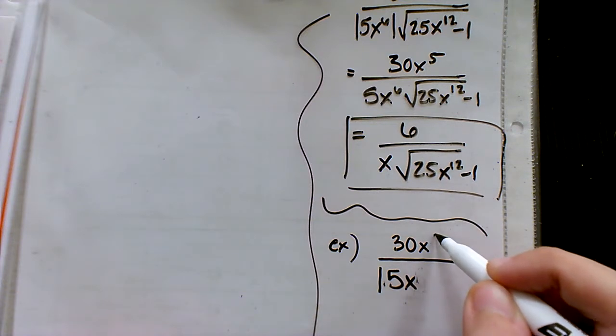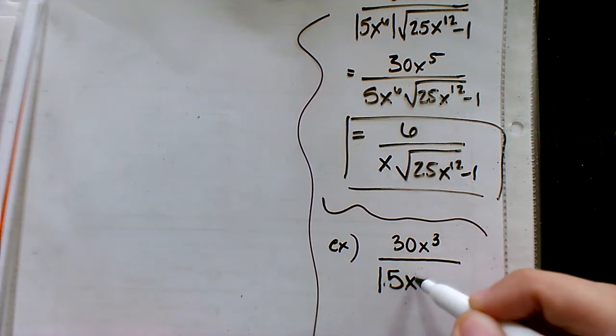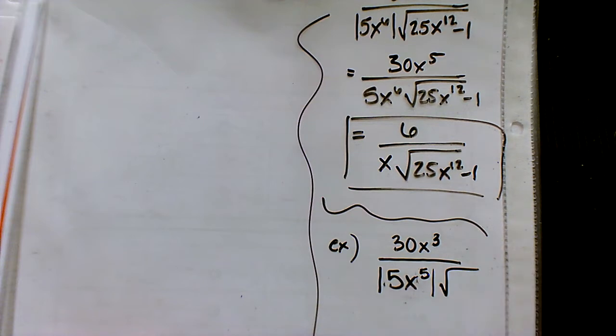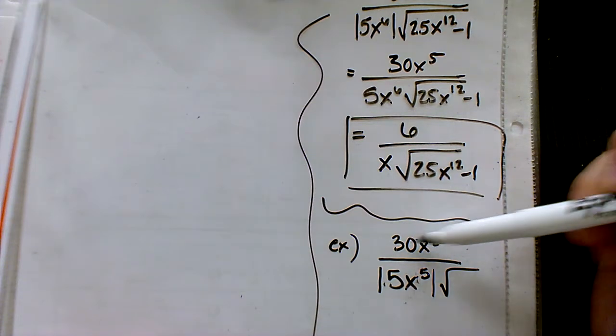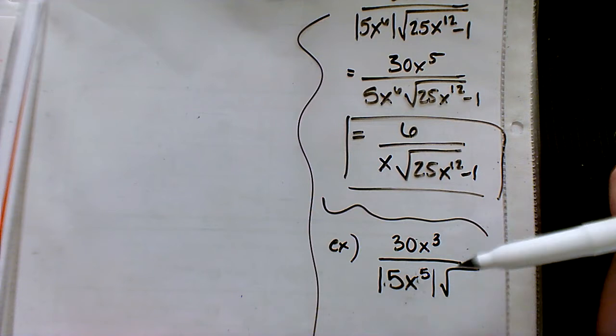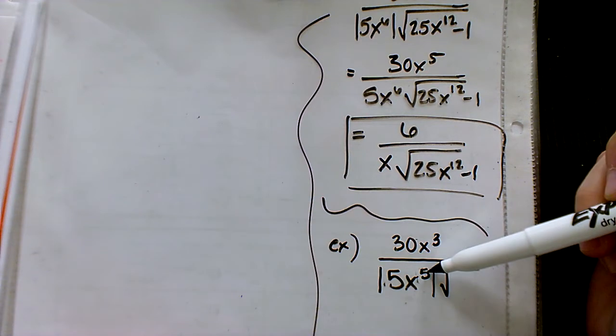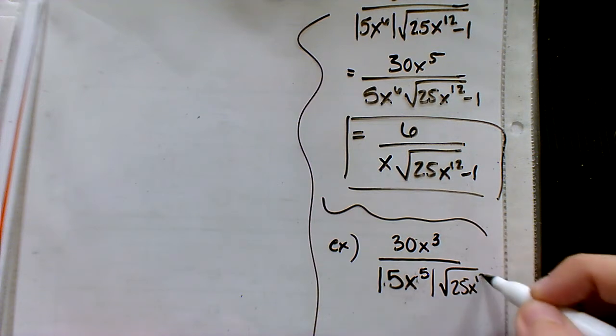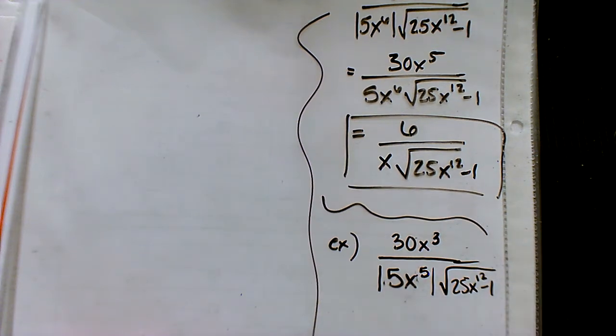What if this was 3 and this was 5? I don't think that would ever happen because shouldn't this be the derivative of what's in here? So if this is a 3, this should be a 4, right? Again, I'm not sure if this will ever happen, but let's just talk about it just in case.